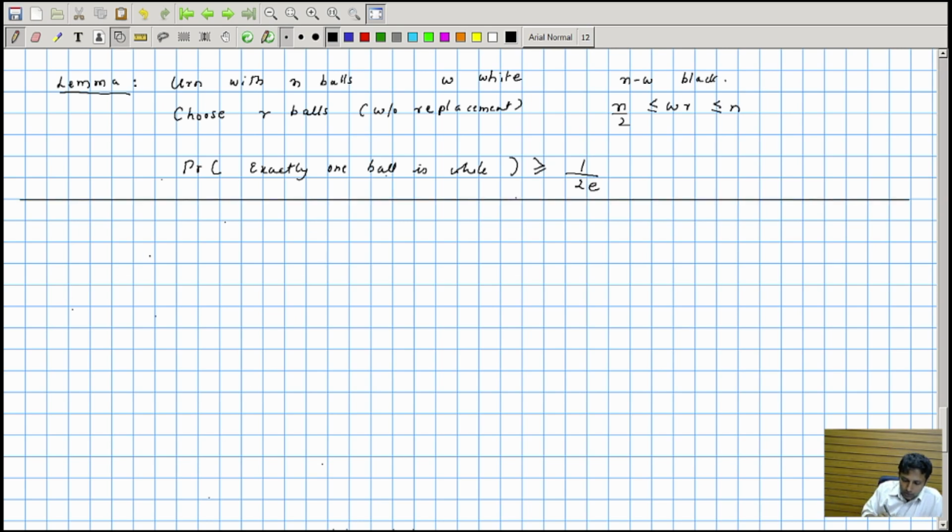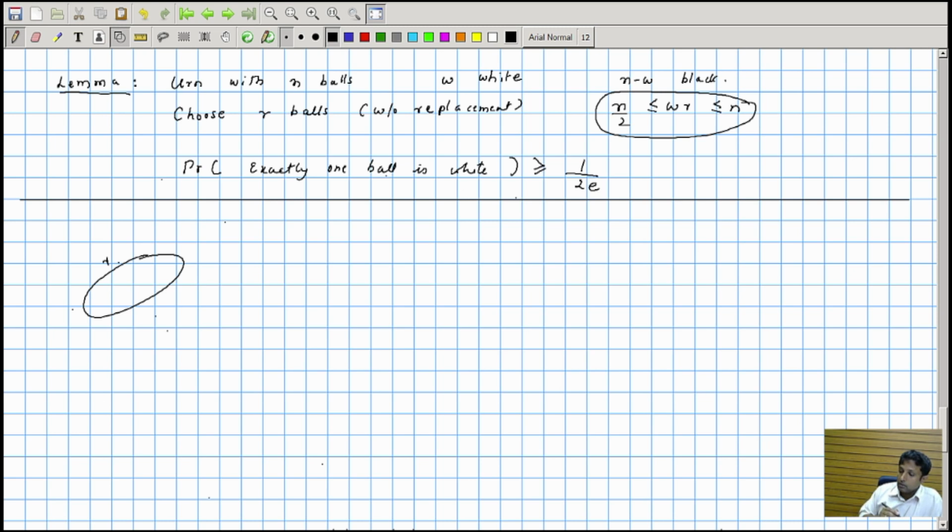We have chosen a set containing R balls. If this R satisfies this particular equation, then with probability greater than 1 by 2e, there will be exactly one white ball in this collection.